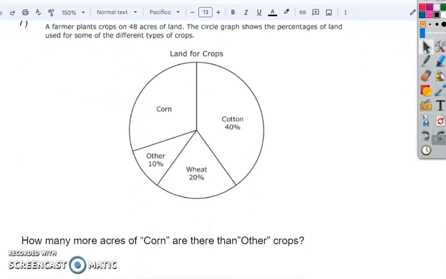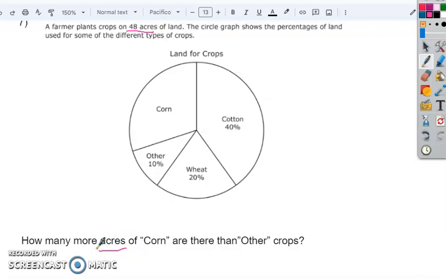Number 7, a farmer plants crops on 48 acres of land. This is important. The circle graph shows the percent of land used for some different types of crops. How many more acres of corn are there than other crops?